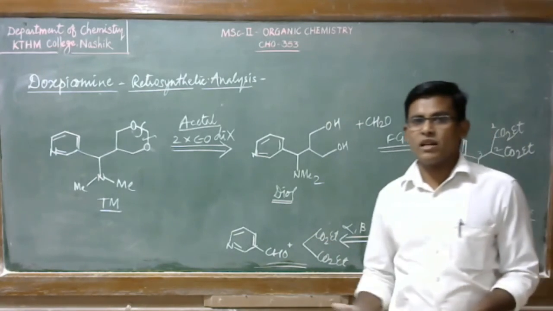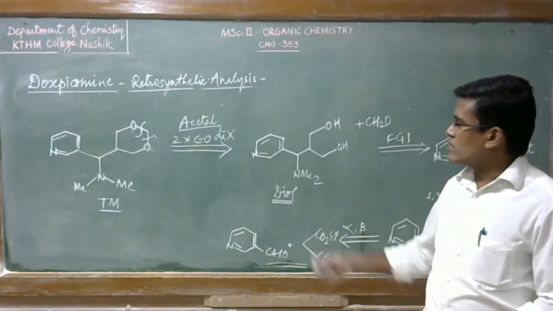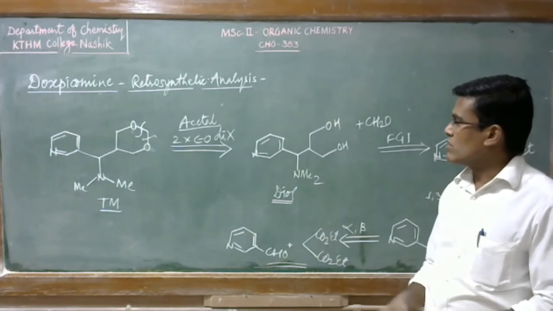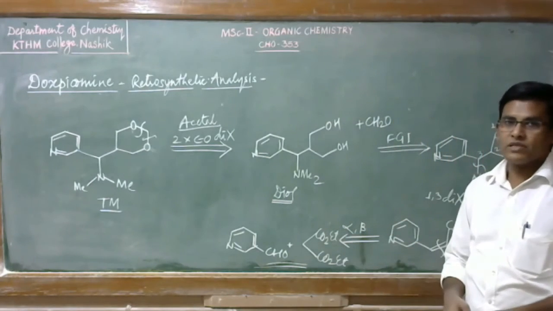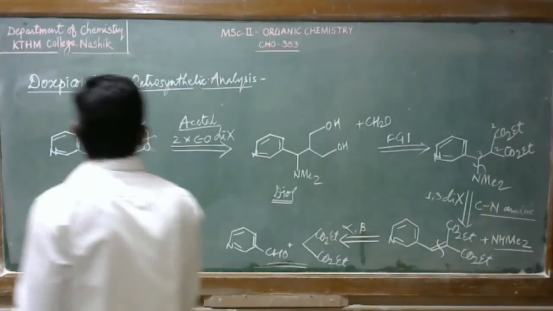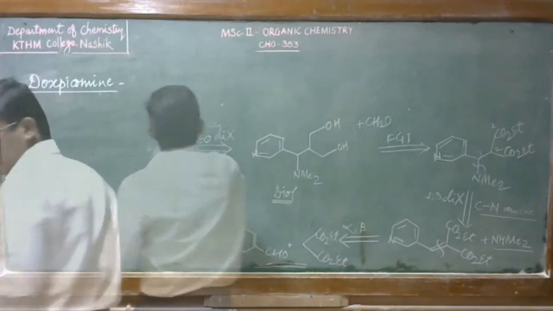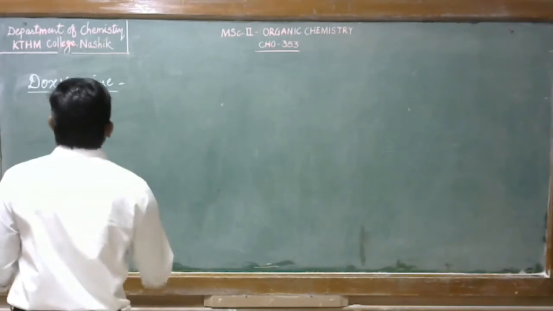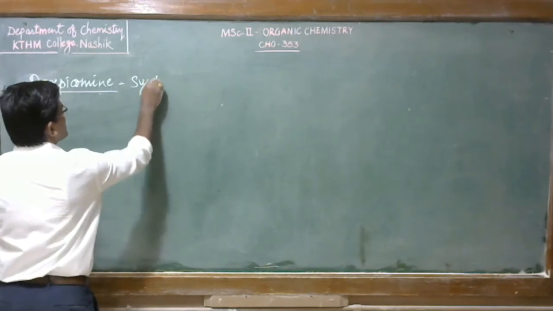So this is how we can do the retrosynthetic analysis for this particular compound, that is doxycycline. Alright, so let us have its forward synthesis. Let us have its synthesis.